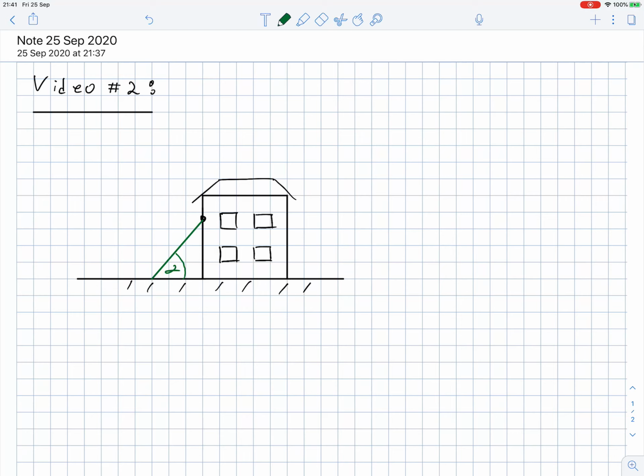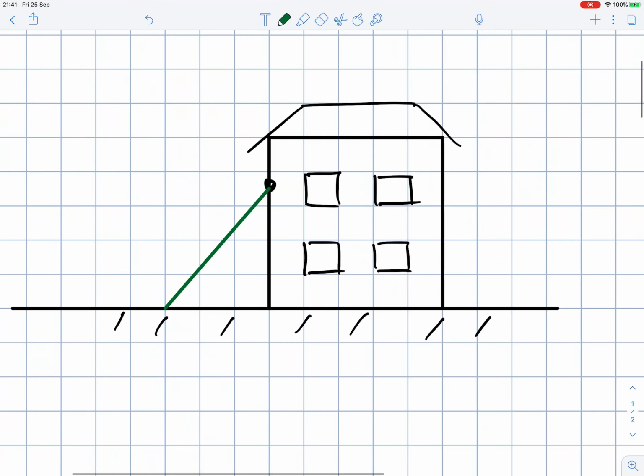Now if you look at any other point, let's say here, and you draw a line parallel to the ground, this angle also is alpha.